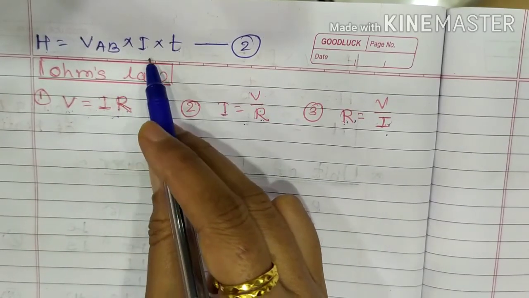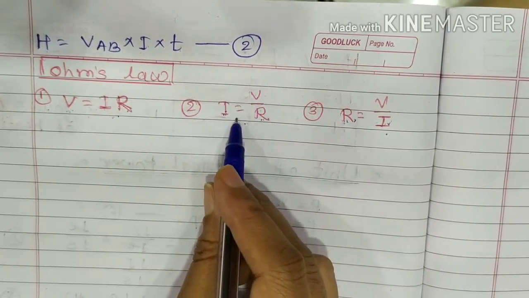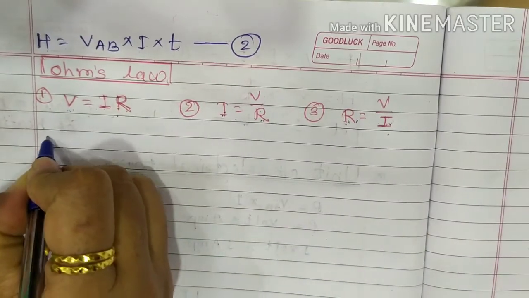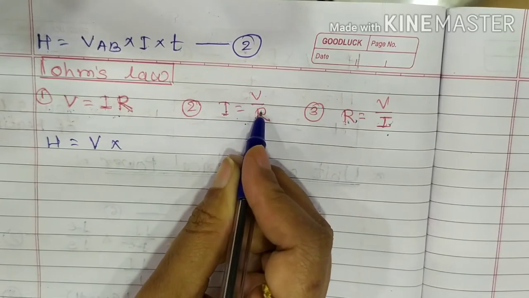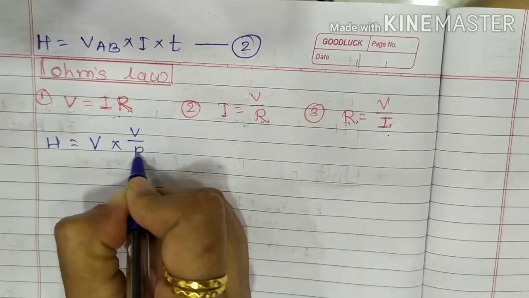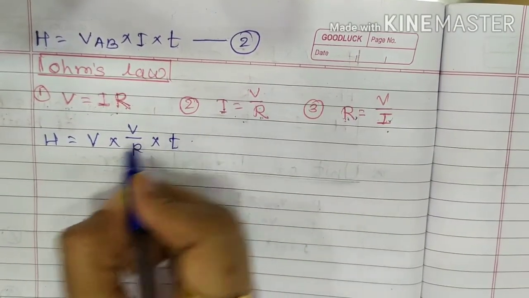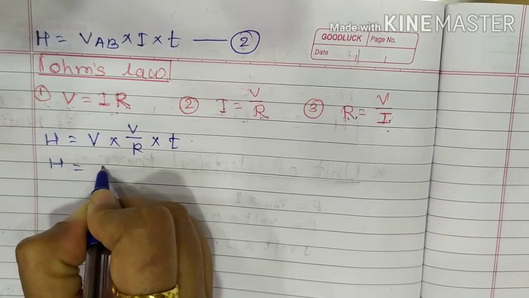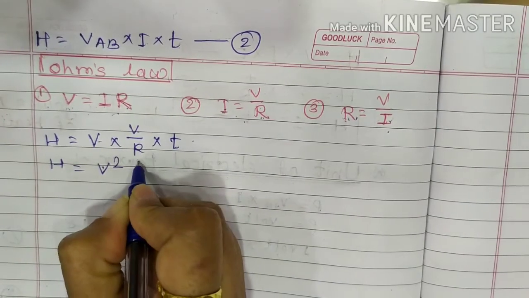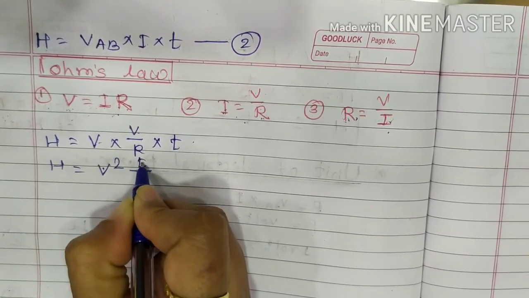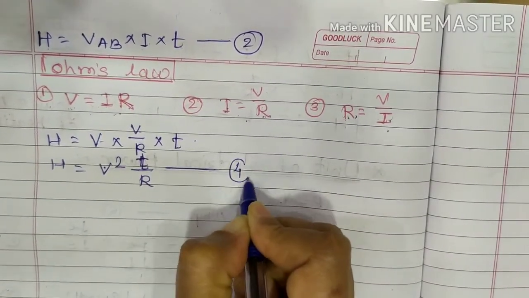Let us see the formula for heat. In the formula for heat, we fill in this value first. Again H is equal to V into, filling in V upon R, into T. H is equal to V into V, that is V square, T as it is, divided by R. So this is equation number 4.